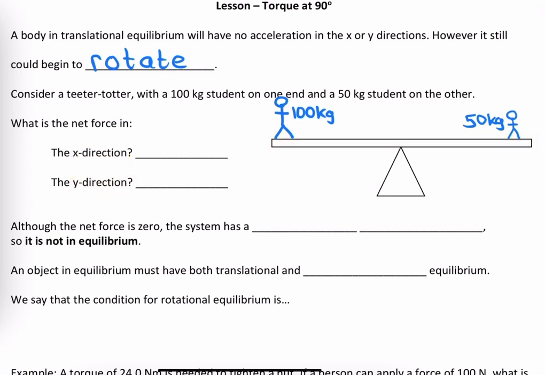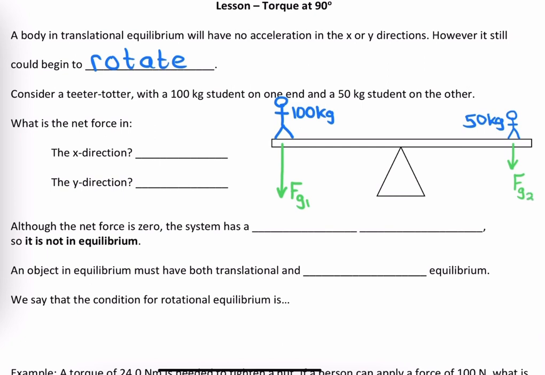Well, let's do a real quick free body diagram. So we've got a force from this guy going down. That's going to be an Fg. That'll be pretty big. 100 kilograms is a decent mass. And we've got a force of gravity on this other side going down. That'll be half the size because this student is half as much mass. So this is a different Fg. We can call these Fg1 and Fg2 if you want.